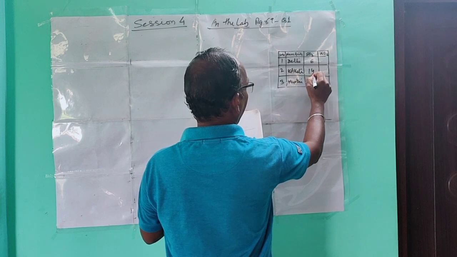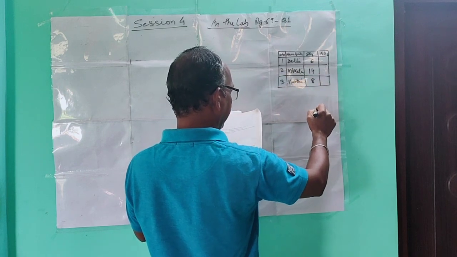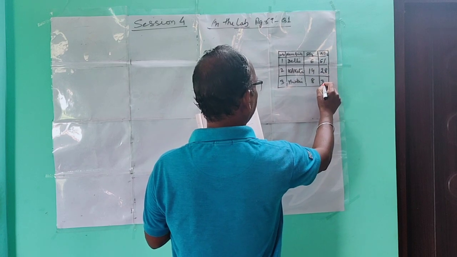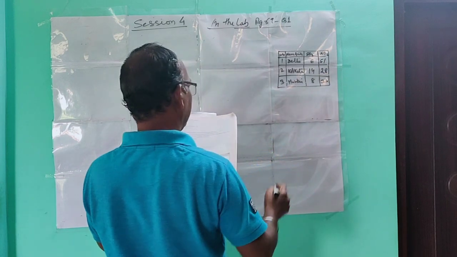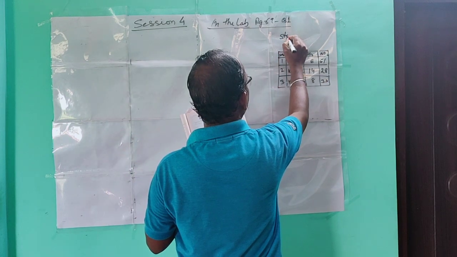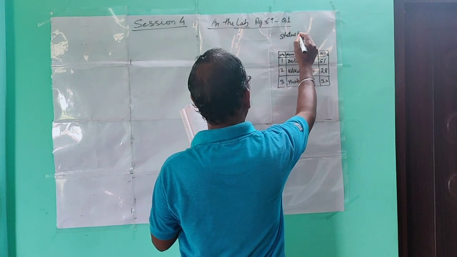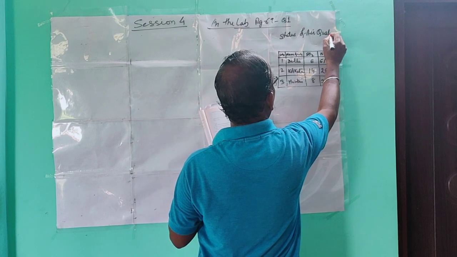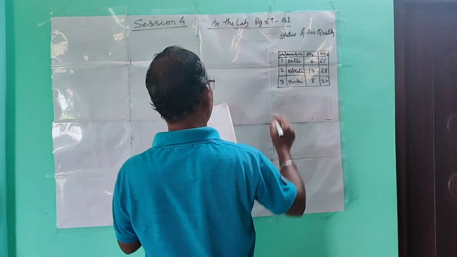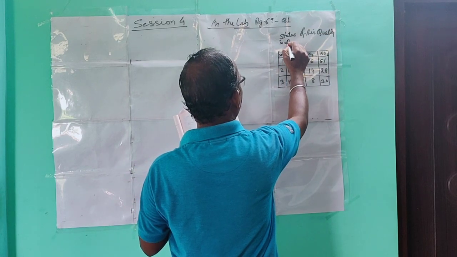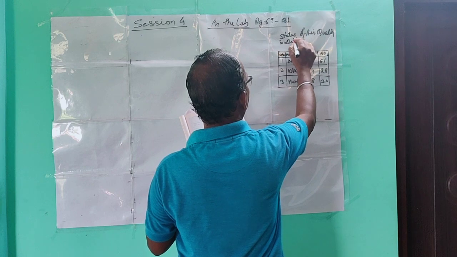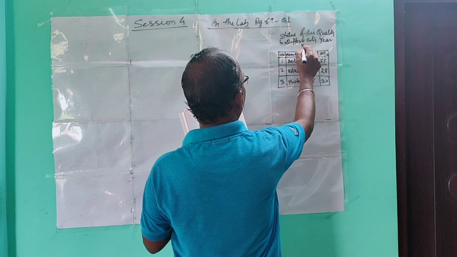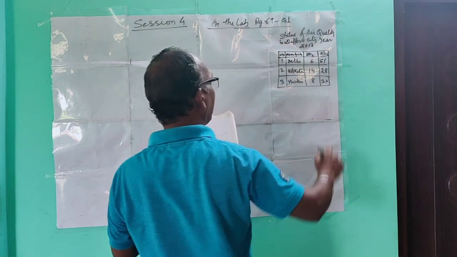The values are 6, 14, 8. You can insert any data here. 28 and 33. Here the heading is status of air quality different in different city, year 2007. So this is your output.